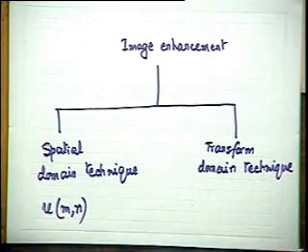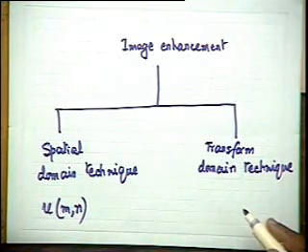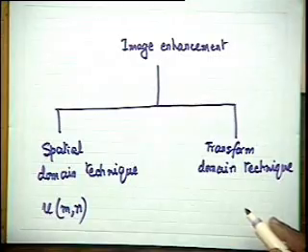In the transform domain technique, we transform the original image into a transformed array by applying some unitary transformation, like the discrete Fourier transform, the Walsh-Hadamard transform, the discrete cosine transform, or the KL transform, all the transform techniques which we have studied so far.